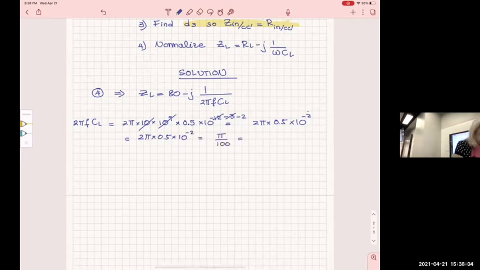So it's going to be 3 point something. I will leave it like that for a moment. And then ZL will be 80 minus j 1 over pi divided by 100, which is going to make it now 80 minus j 100 by pi, which is about 30 something. Let me see how much this is going to be.